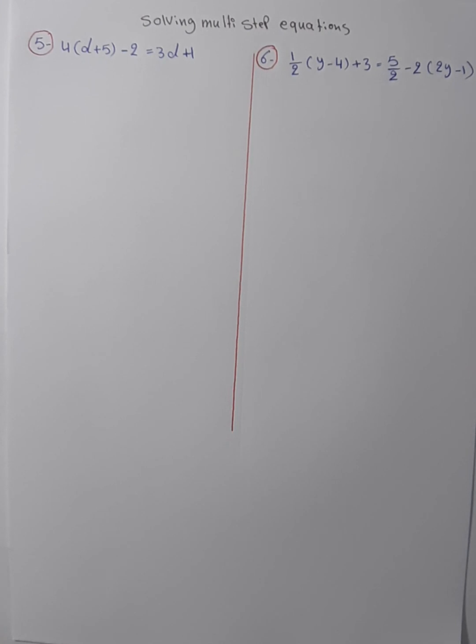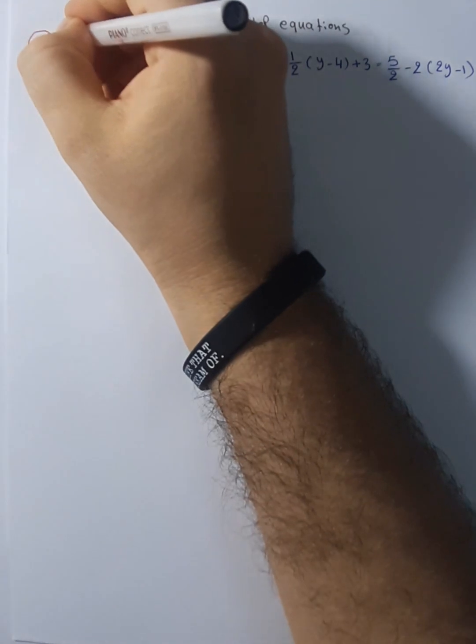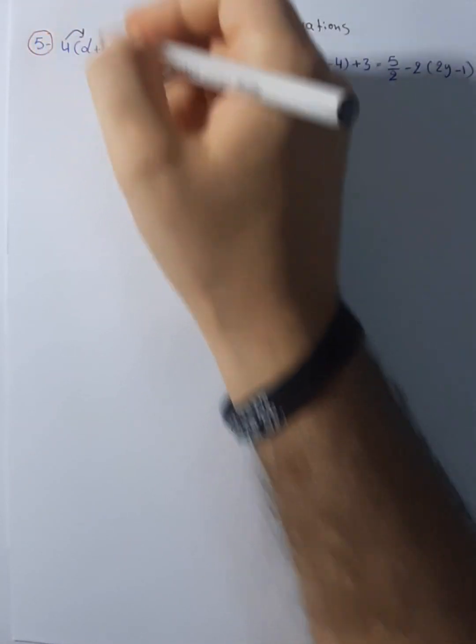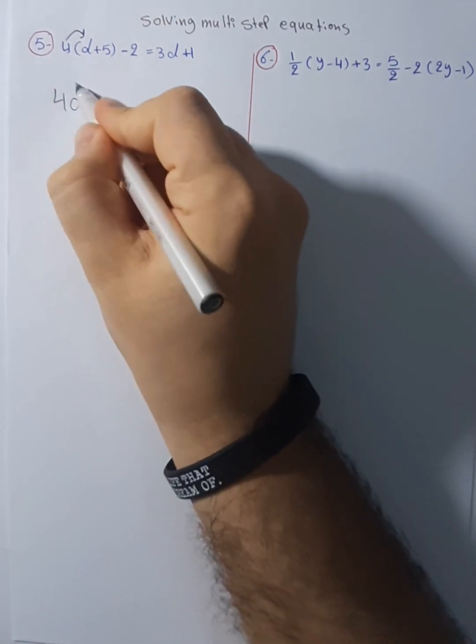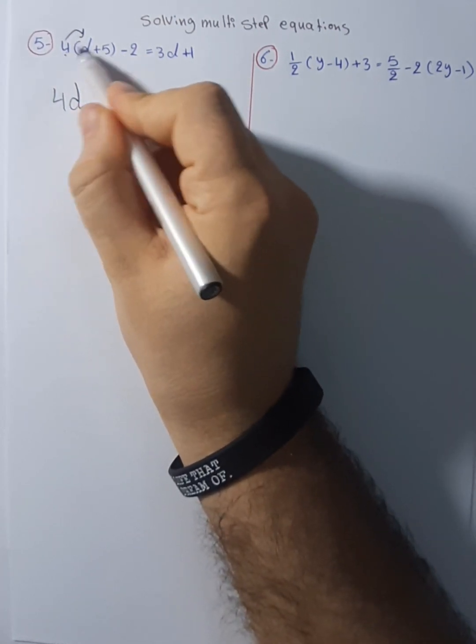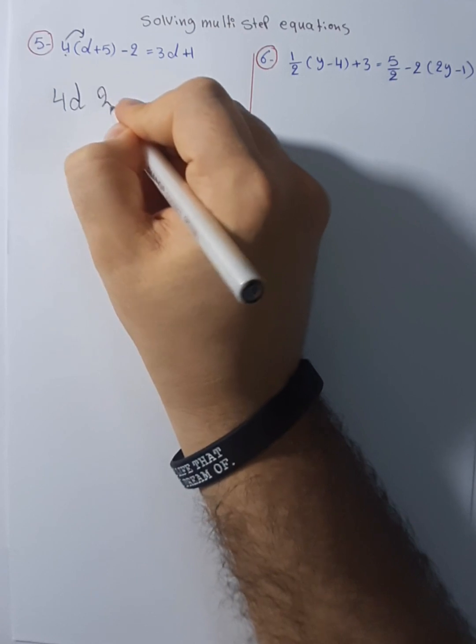After that, example number 5, we have 4 multiplied by (d plus 5) minus 2 equal to 3d plus 1. First step, we can multiply this 4 into the bracket. 4 times d equal to 4d. 4 times 5 equal to 20.